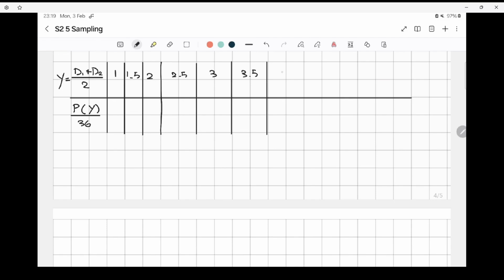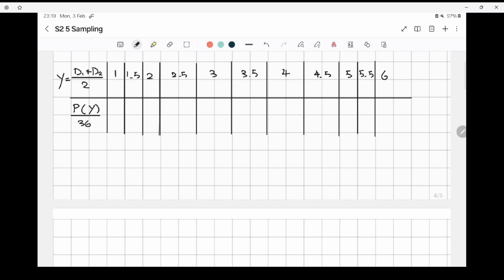And then 4.5, 5, 5.5, 6. Cool. So now let's look at the probability by itself.